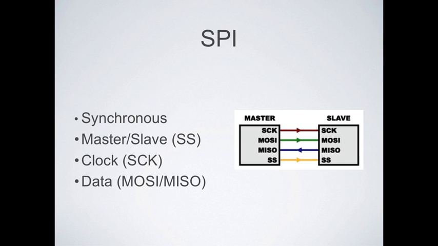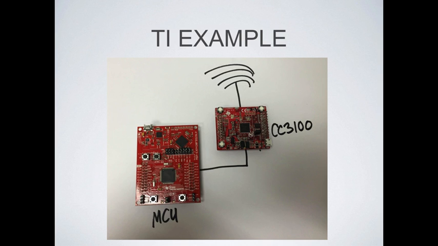So we're going to take a look at how you would analyze some data going over the SPI bus of this TI example. In this example, we have a microcontroller on this big MSP EXP board, and then we have a CC3100, which is basically a Wi-Fi chip, providing Wi-Fi access for this MCU.